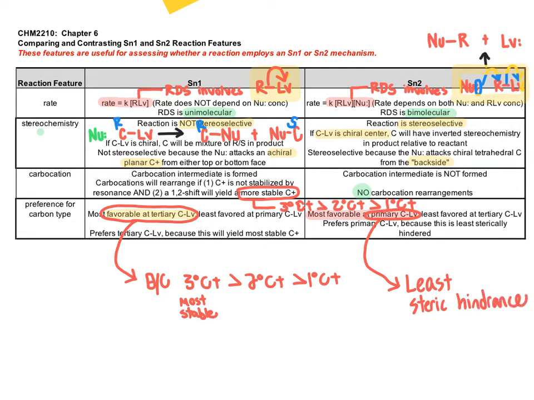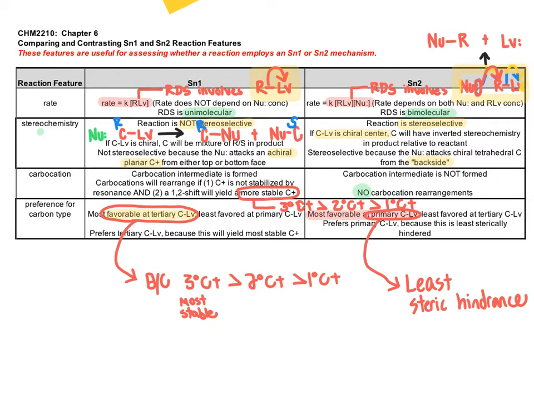And so when we look at a primary carbon, generally what you should immediately be thinking is that it's going to undergo an Sn2 reaction mechanism rather than an Sn1 because the primary carbon has the least steric hindrance, which means that when the nucleophile is coming in up here at the top to attack that carbon, it's going to run into the least blockades along the way.